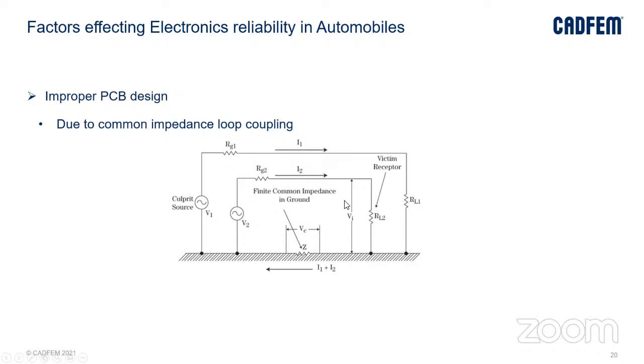So this current will be looping back over this return path, and the other current I1 will also be looping back into the same path. Due to this, a voltage will be created along it because of the finite resistance of that cable, that wire.